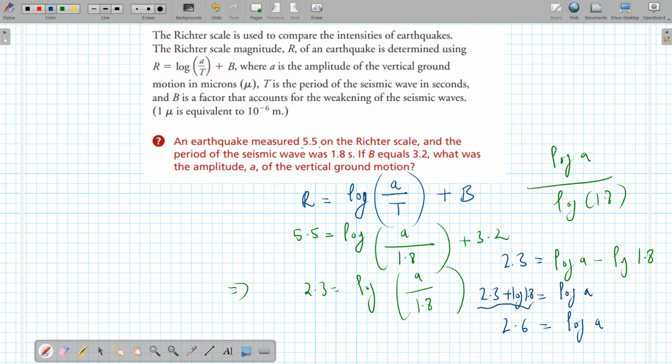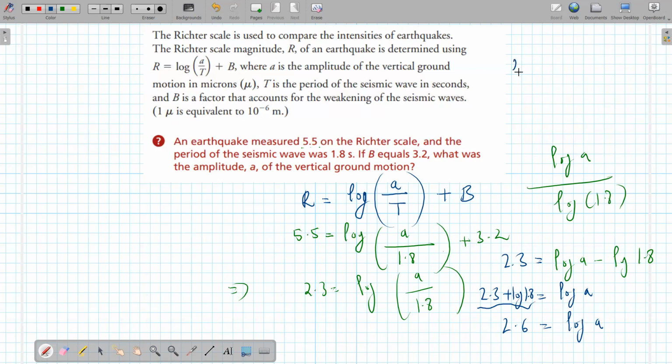You need to turn it into an exponential. You do the inverse. That is correct.